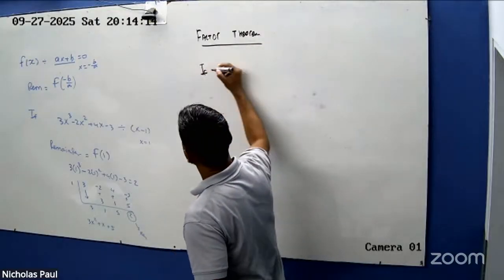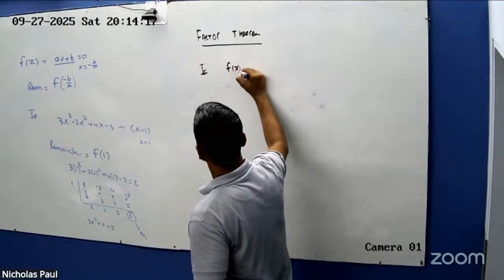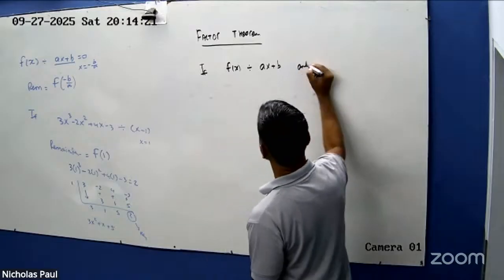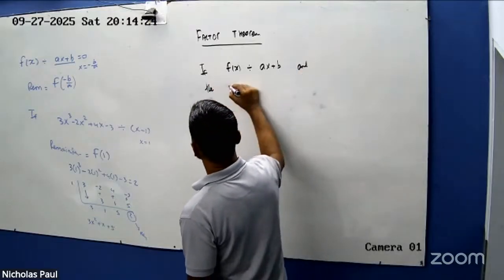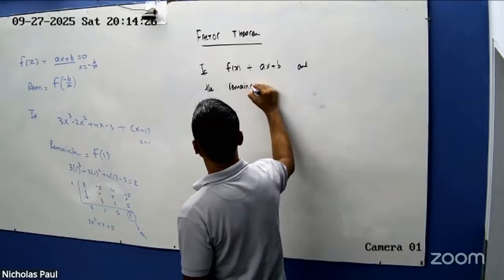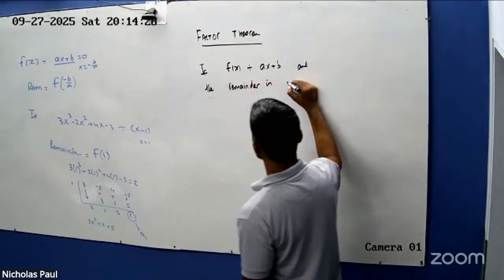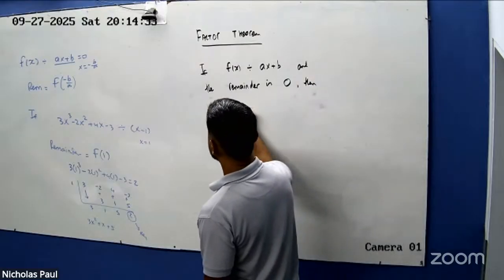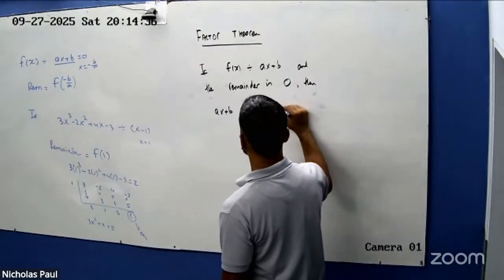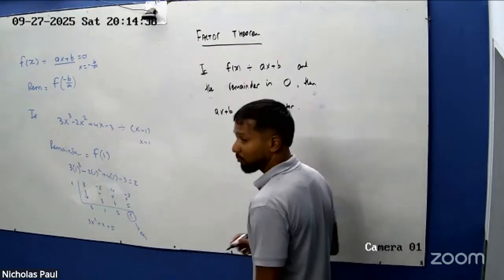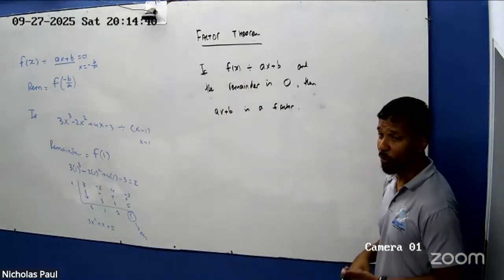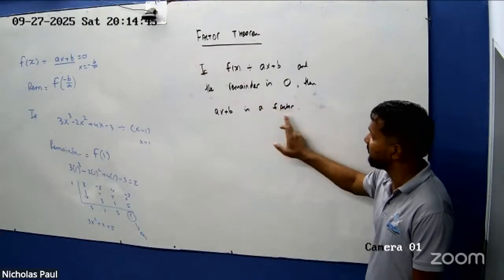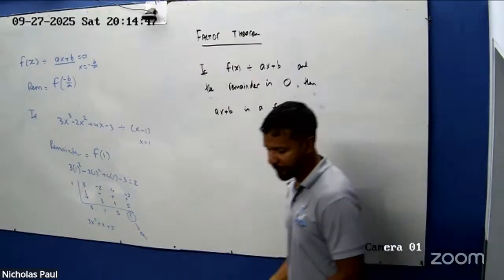So if f of x is divided by ax plus b, and the remainder is 0, then ax plus b is a factor. That's okay? That's all to the factor theorem. If the remainder is 0, it's a factor. That's all.